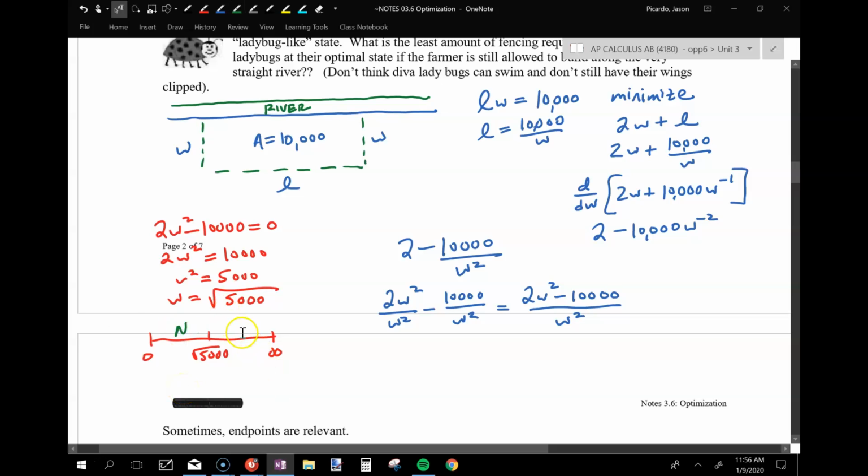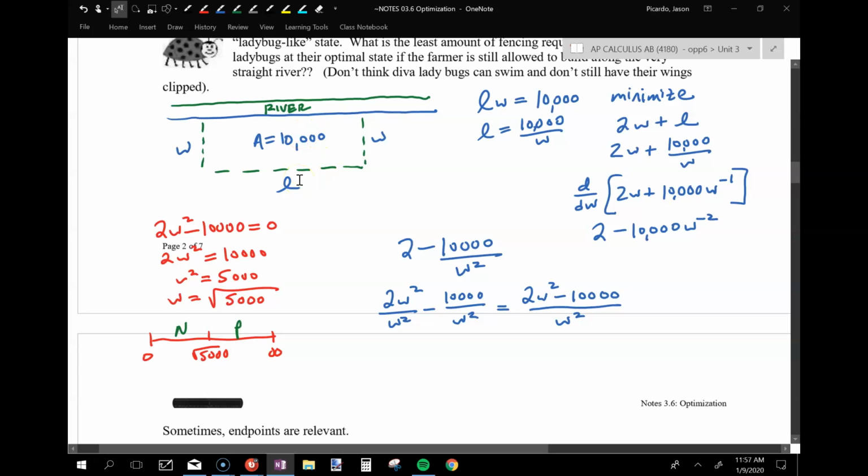All right, if I plugged in 5,000, what am I going to get? Definitely a positive number. Not radical 5,000, but actually 5,000, right? So what happened? I went from a decreasing value to an increasing value, which means this must have been a minimum value, and so we found the minimum width that gets us this area, right?